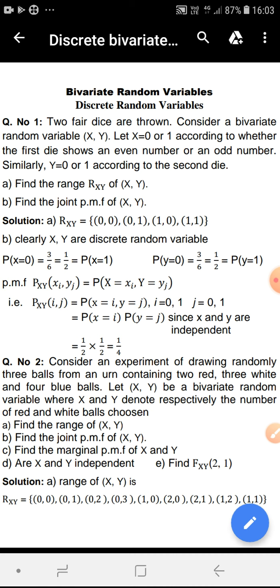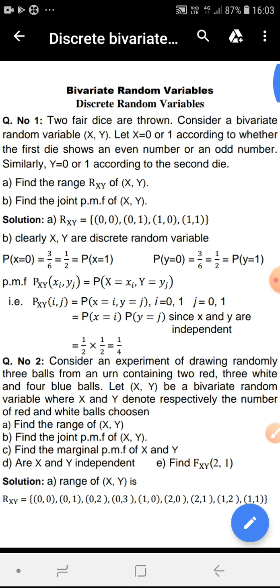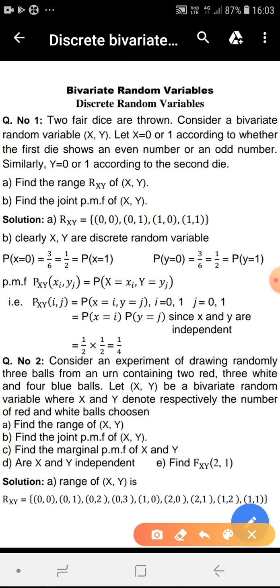If both dice show odd numbers, then it will be (1, 1). So the range space R_XY will be equal to {(0,0), (0,1), (1,0), (1,1)}.